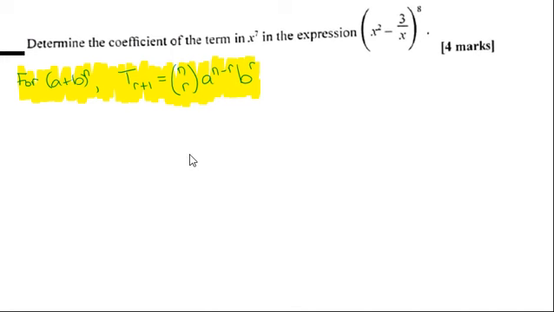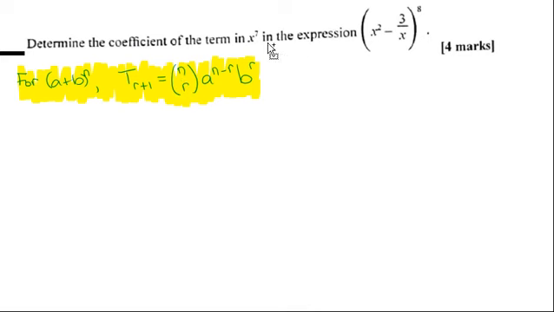Now, if you want the term in terms of its position, like the fifth term for argument's sake, you would plug in r as 4, so that would give you t5, the fifth term. And then you'd plug it in here with your a, b, and n, of course, and it would find you the fifth term.